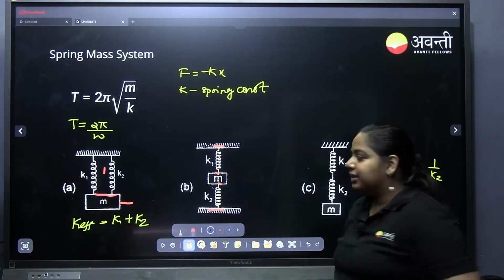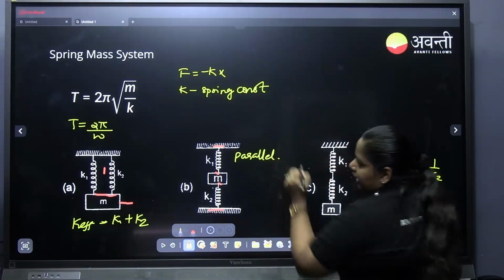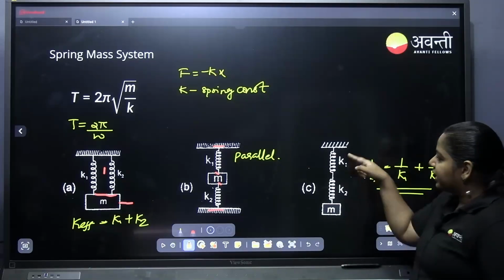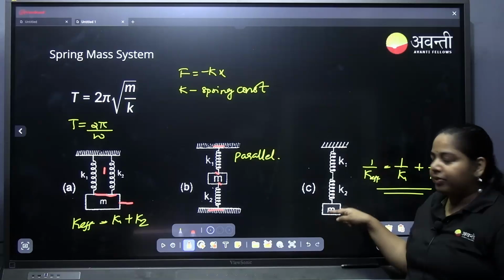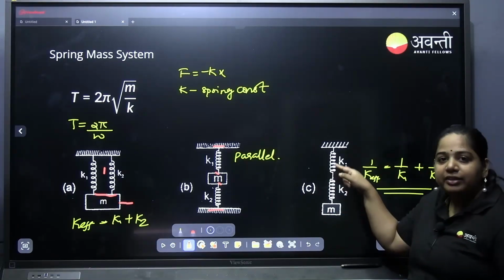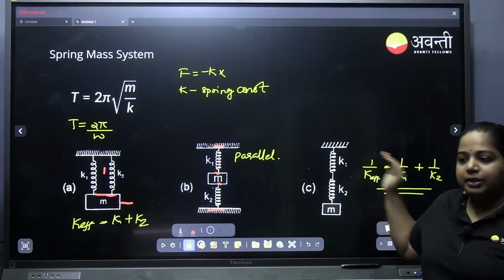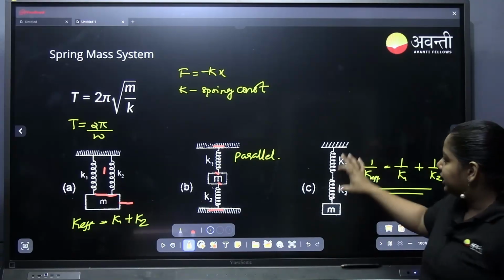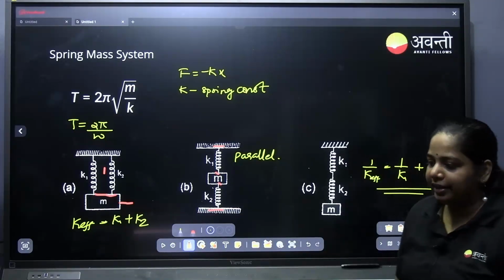In that case it is a parallel combination. In a series connection, one end of one spring will be connected to the mass, the other one connected to the other spring, and only one end will be connected to the fixed end. So this is parallel and that is also parallel. Is that clear?